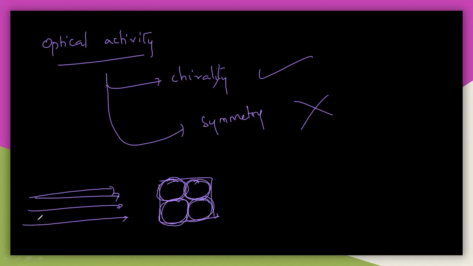So manaku exact ga same equal 4 equal unnai anukunnam nanu. So let us remove all these things and let us take a molecule like A, B. So not B. So let us take, this is A, like this.